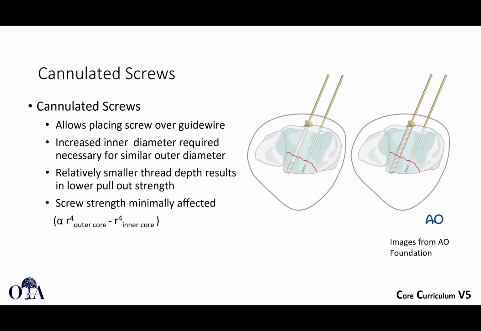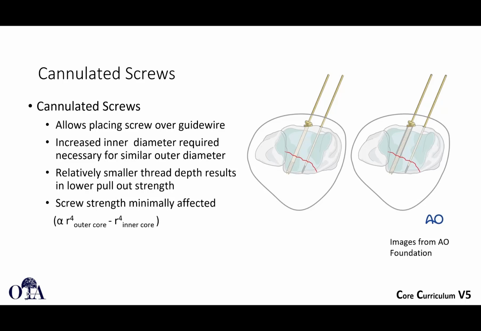What about cannulated screws? These are screws where there's a cannulation down the center. It allows you to place the screw over a guide wire. So let's say you're targeting a very small fragment that may take more than one try to make sure you're perfectly positioned where you want to be. Well, a pin can be much less traumatic to do that, and you can then place the guide wire first, measure, then do a cannulated drill over this wire, and then the screw goes over the wire as well.